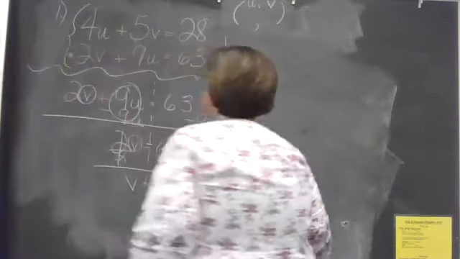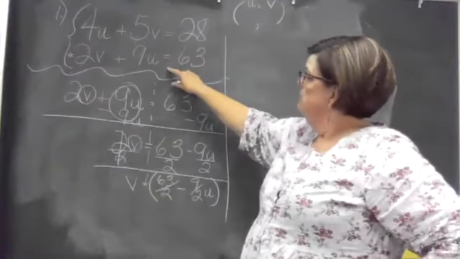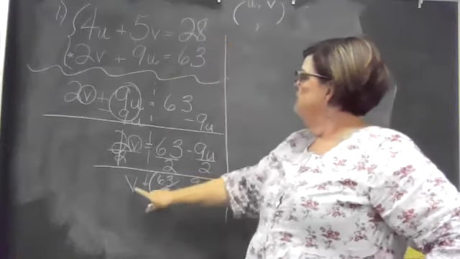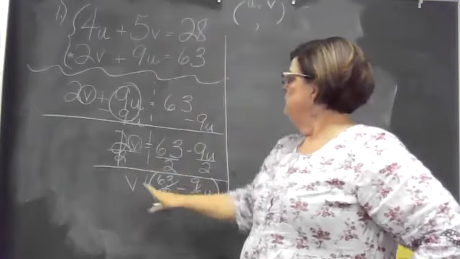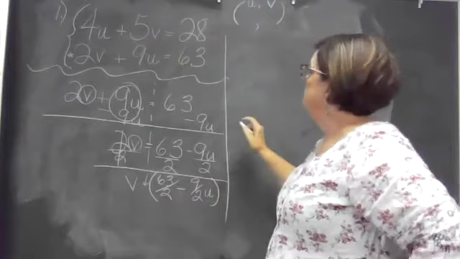Here's where the substitution happens. Since I solved this one, I'm going to write this one down, and when I come to a v, I'm going to plug in what v is equal to.